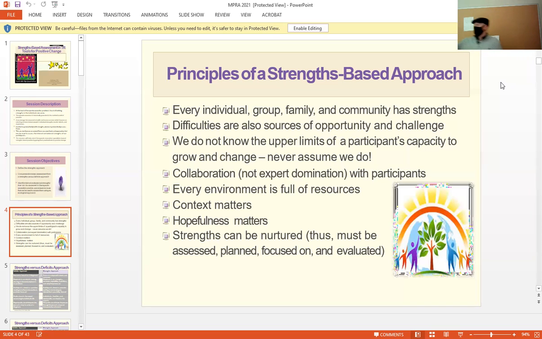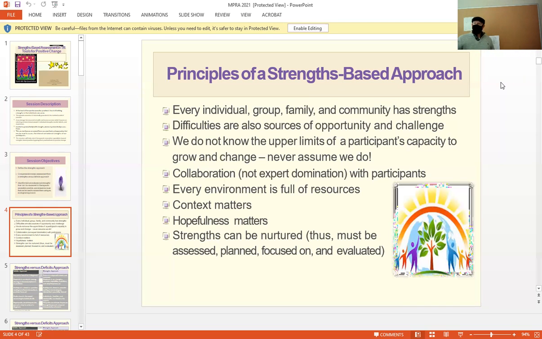Absolutely. And if that happens there, then what may happen to the adjoining area? They're going to be like, hey, this looks good. This is so much better, and it can bleed over. So even environments that don't seem that full of resources do have it.